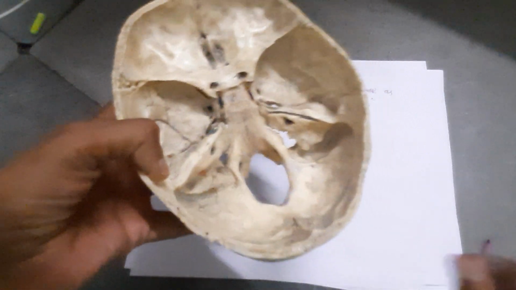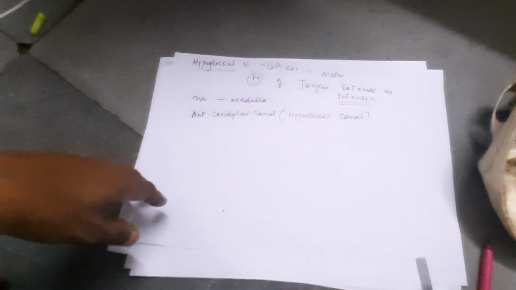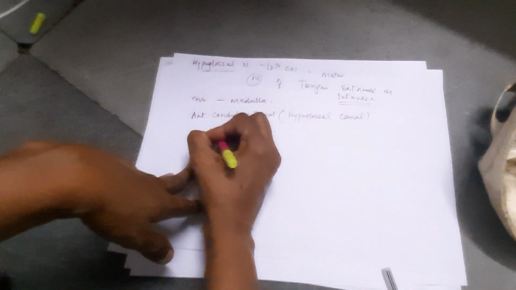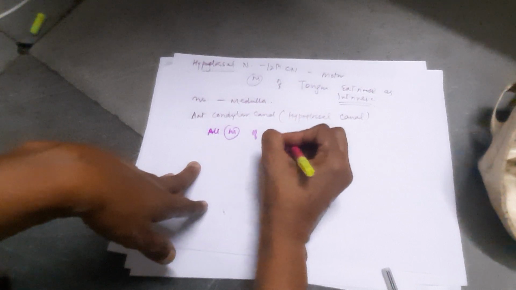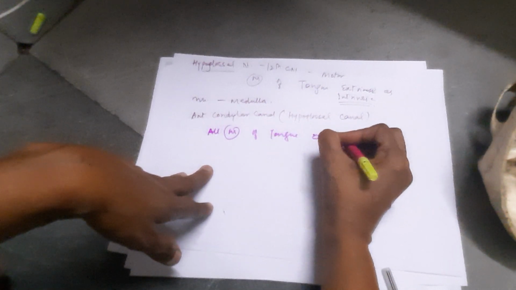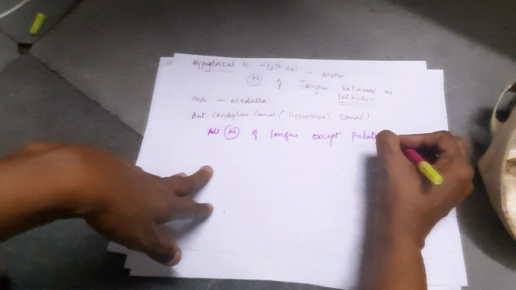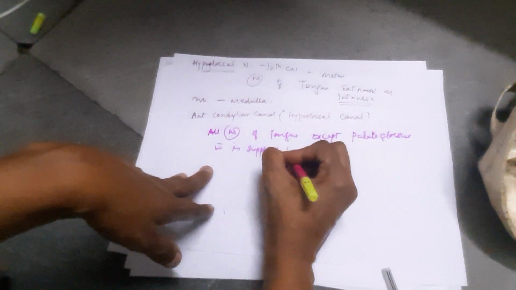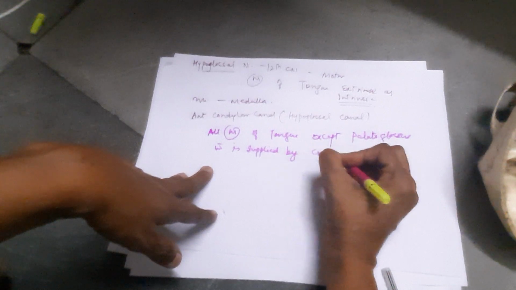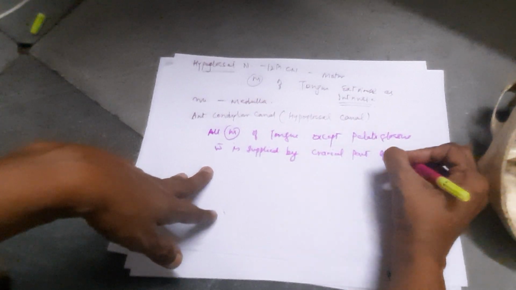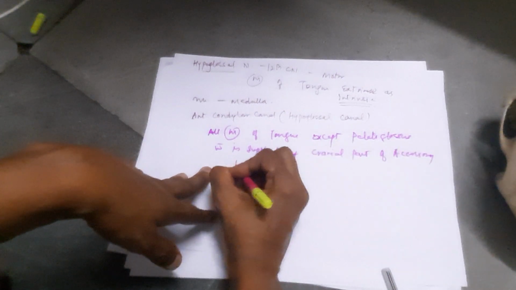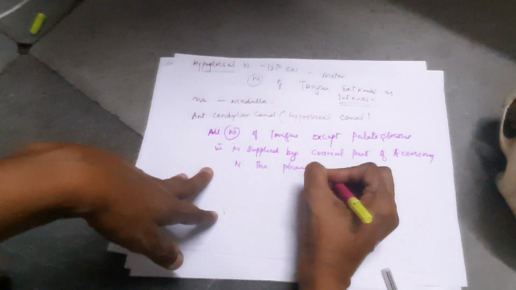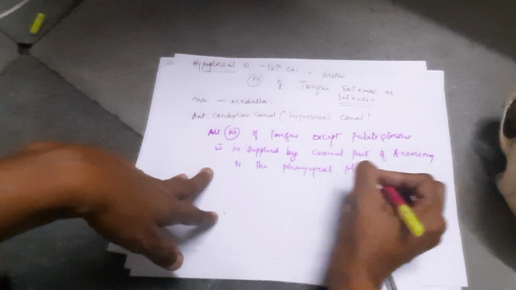Okay, it will enter and it will reach the tongue and supply the extrinsic and intrinsic muscles of the tongue, except palatoglossus, which is supplied by the cranial part of accessory nerve through pharyngeal plexus.